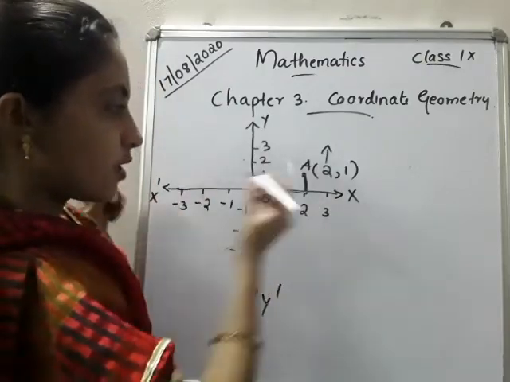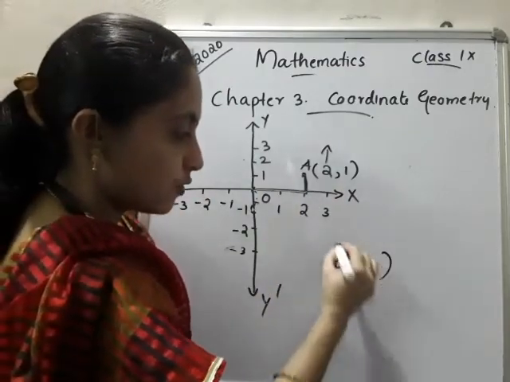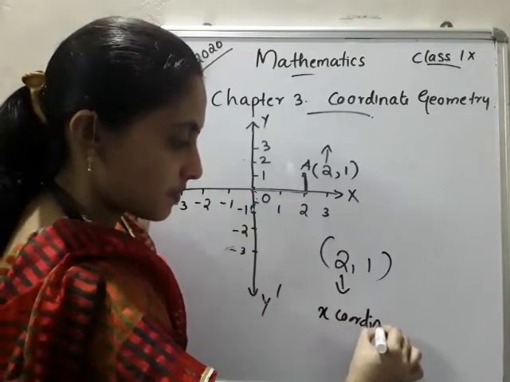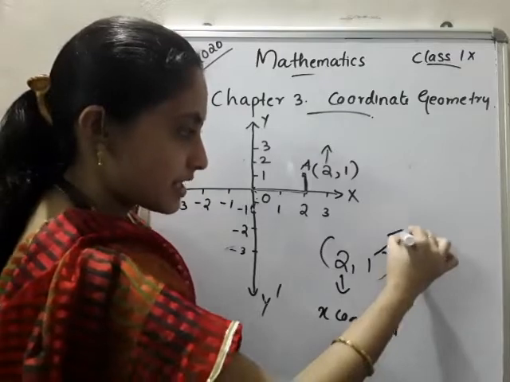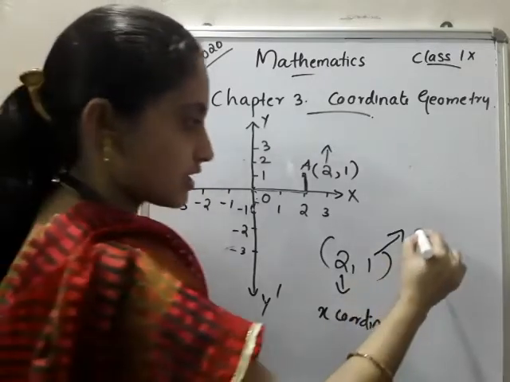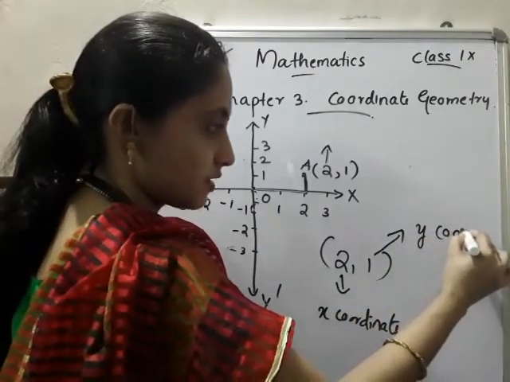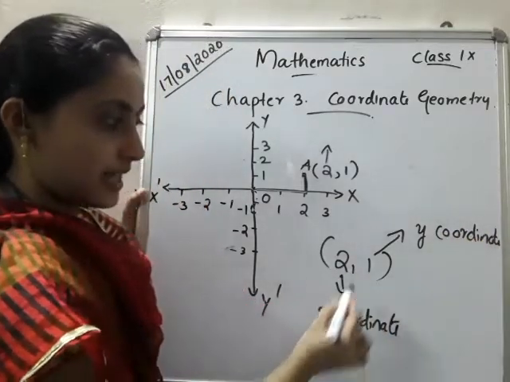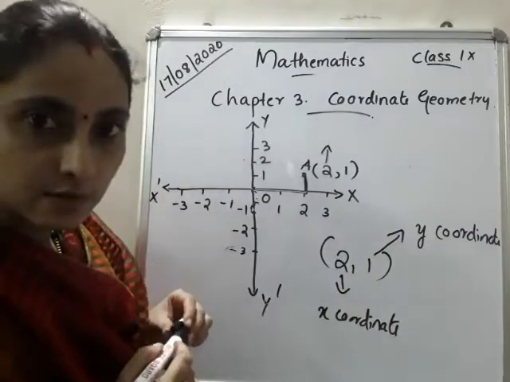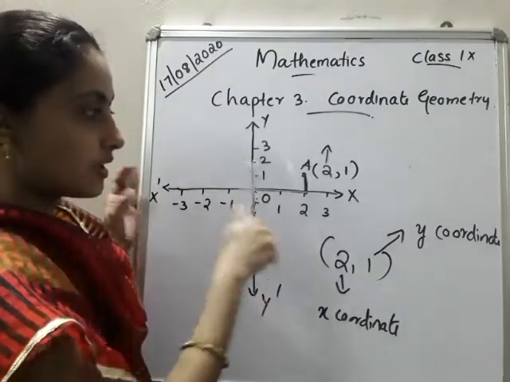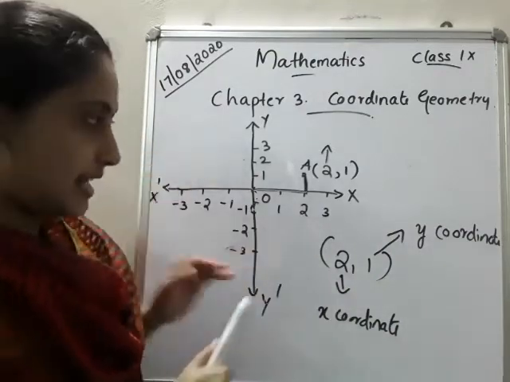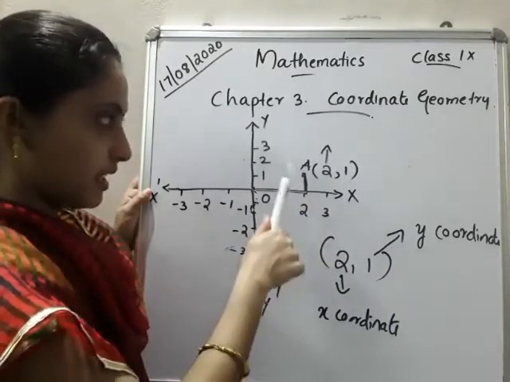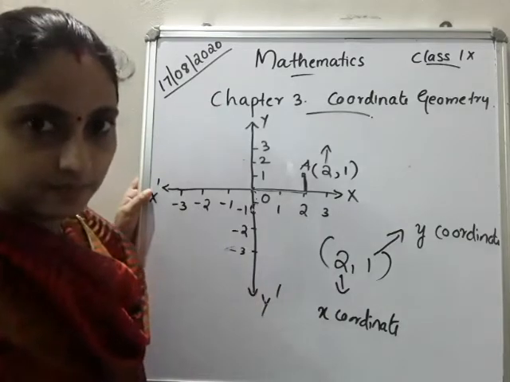While we are writing 2, 1, this one is the x coordinate and 1 represents what? Do you remember? Yes, the y coordinate. 2 represents the x coordinate and 1 represents the y coordinate. And 2 means the distance from the y-axis, the x coordinate. And 1 is the distance from the x-axis.